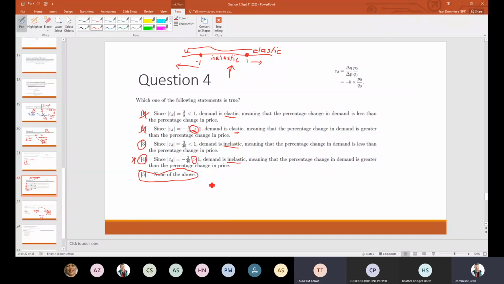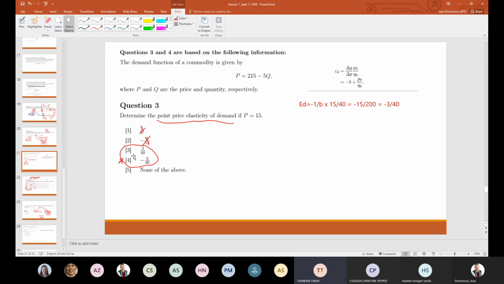The statement of number three is almost right. If you read the statement for number three, I had actually chosen number three, even though my answer to question 3 was -3/4.